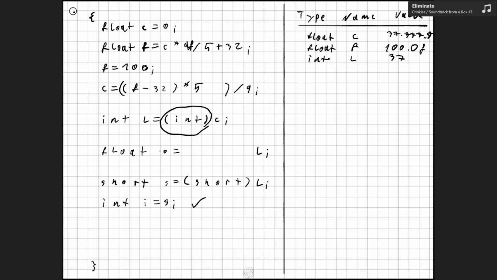You have to explicitly tell the compiler, drop the rest of the bits, just store what you can, what fits inside this smaller variable. And for floating point, it's not just about the size, it's also about just you lose precision. Any decimals are lost. It's not okay. So you have to explicitly tell the computer, just do it anyway.